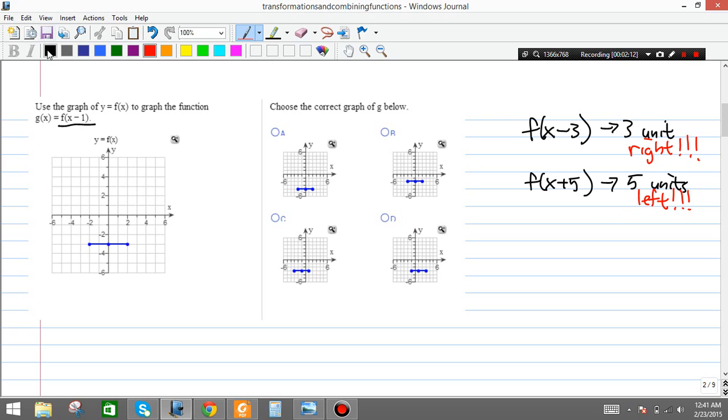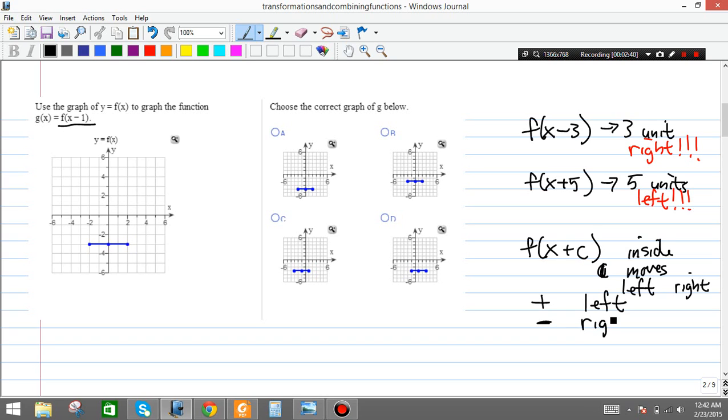So when we have f of x plus c, then c, first of all, is on the inside, and it moves left, right. A positive means left, a negative means right.